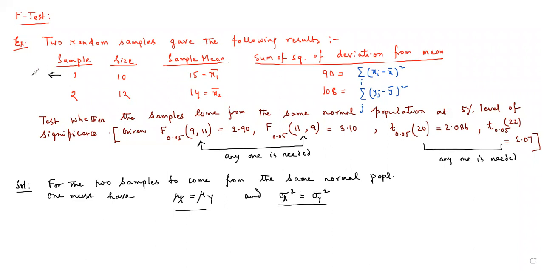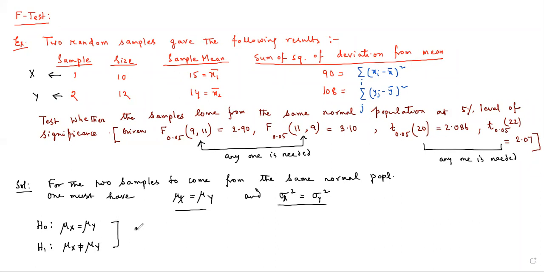We can associate a random variable x to this data, and a random variable y to this data. We will set up our null hypothesis as mu x equal to mu y, and the alternative hypothesis as mu x not equal to mu y.